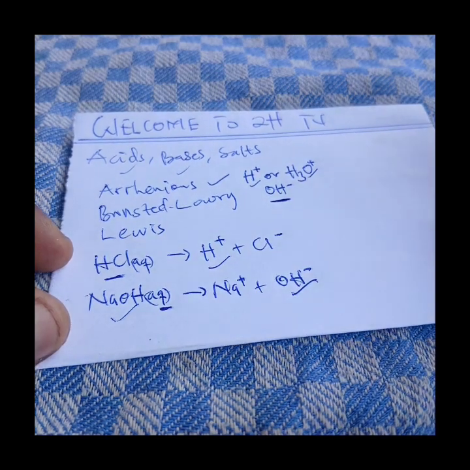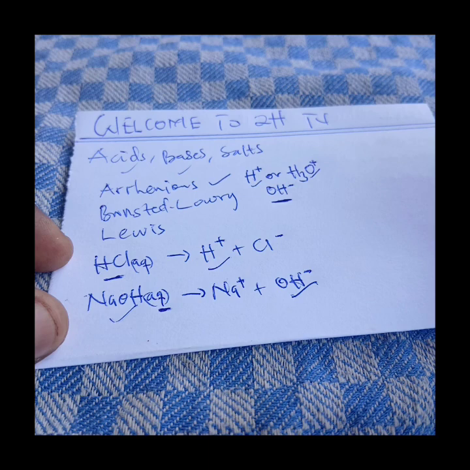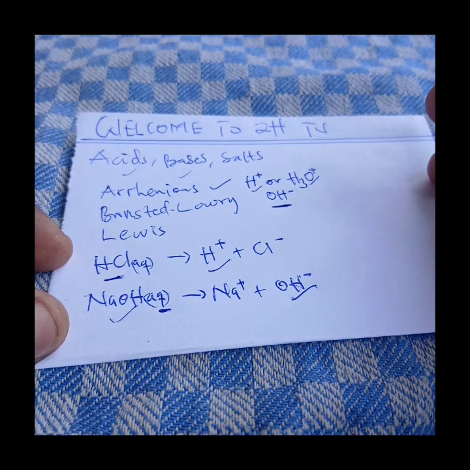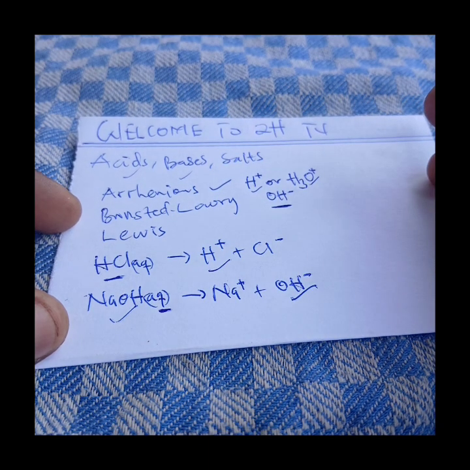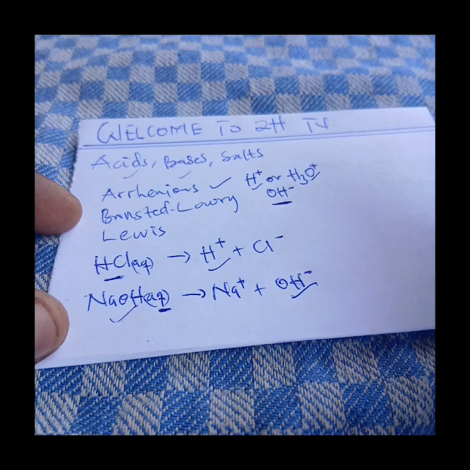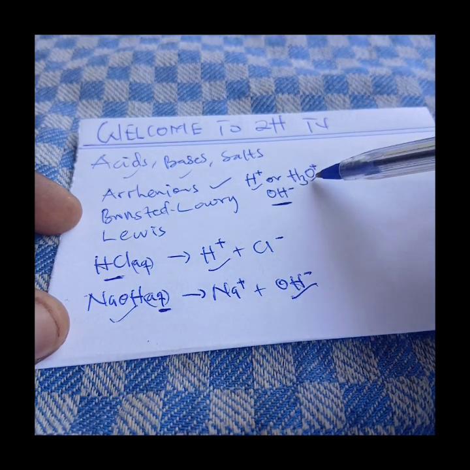So basically this is the concept behind the Arrhenius definition of acid. He based his definition of both acids and bases on the concept that if the substance is able to produce hydrogen or hydronium ion when dissolved in water, that substance becomes an acid.